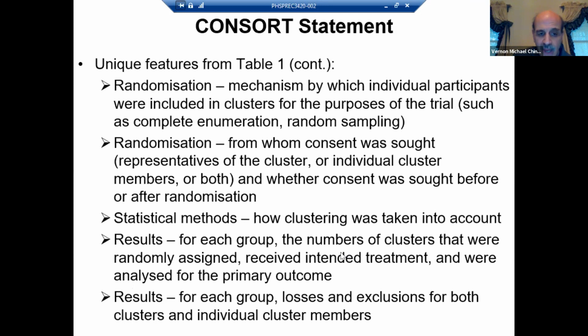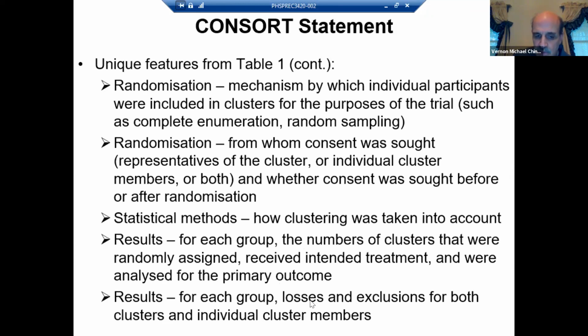More detail about randomization, and of course your statistical methods, how you're accounting for clustering in your statistical analysis. And then in the results, report the number of clusters that were randomly assigned, received the intended intervention, and were included in the analysis for the primary outcome.